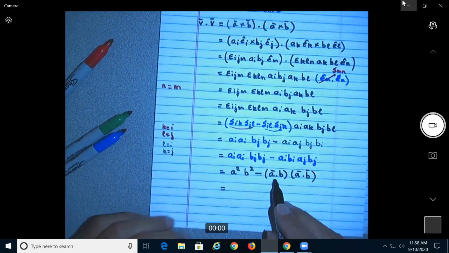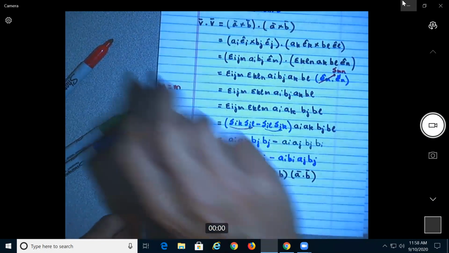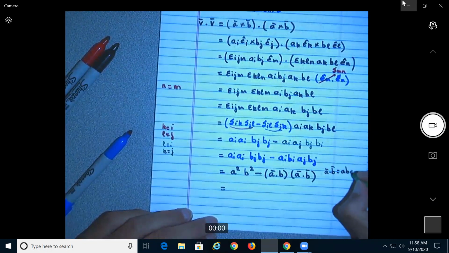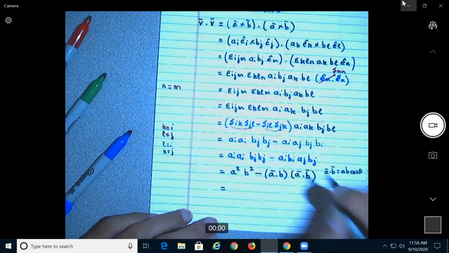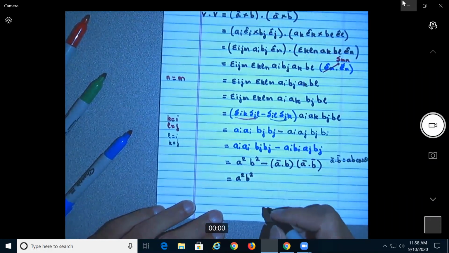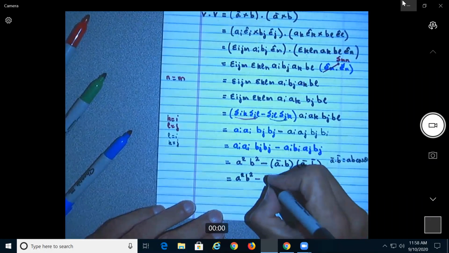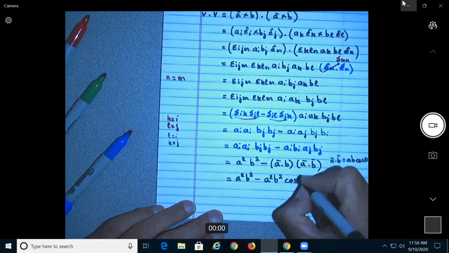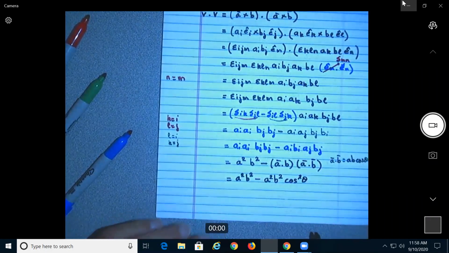So what is this equal to over here? What is the dot product of two vectors? When you do the dot product, A dot B is equal to what? It's equal to AB cos of the angle, no? Yeah. So this will be equal to A squared B squared minus A squared B squared cosine squared theta.